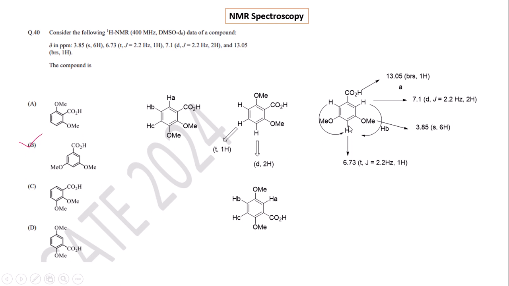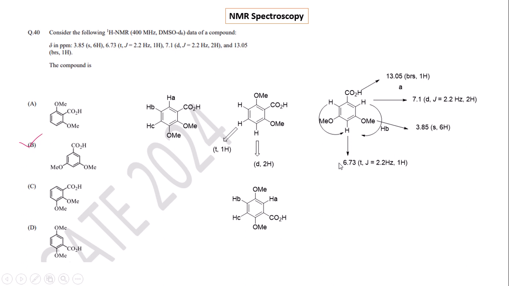Here, the protons adjacent to the carboxyl group resonate at 7.1 and appear as a doublet due to meta coupling, and the proton between the methoxy groups appears at 6.73. It is shielded compared to the adjacent protons, as the methoxy group makes it electron rich.